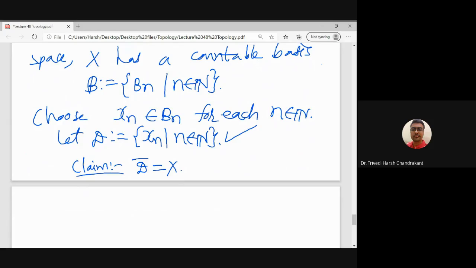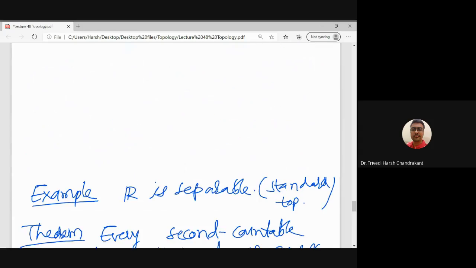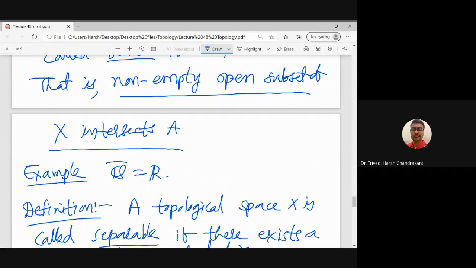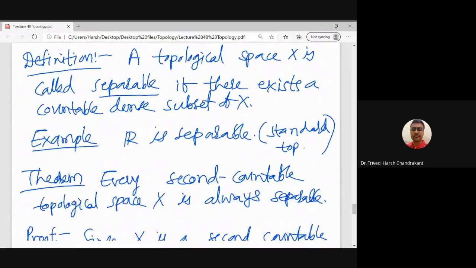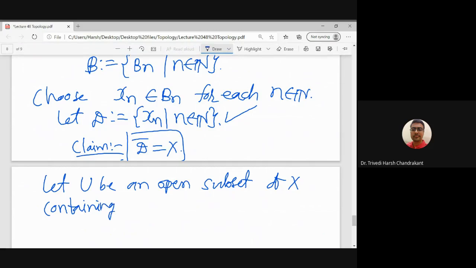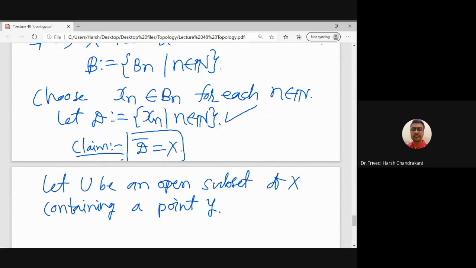So now let us try to prove this. We need to prove that the closure of D is X, and to show this, we need to check that every non-empty open subset of X intersects D. So let us start with any neighborhood in X. Let U be an open subset of X containing a point y.